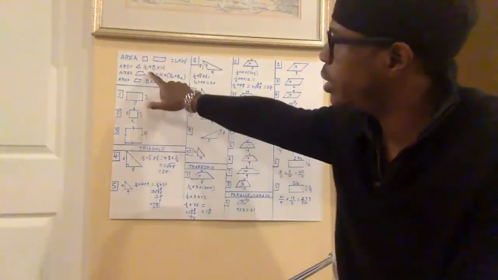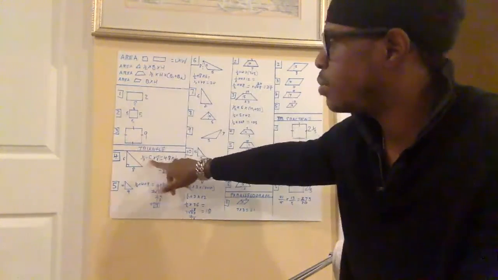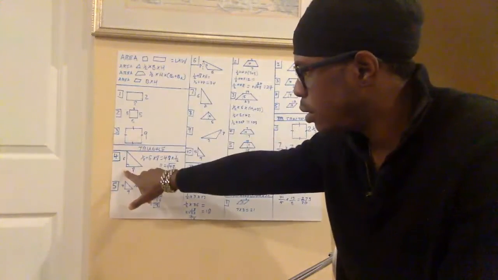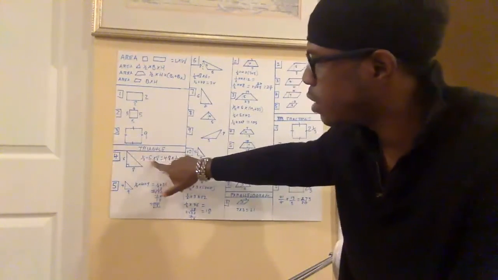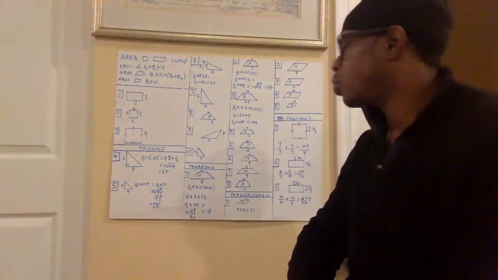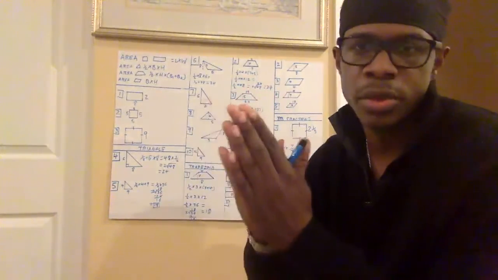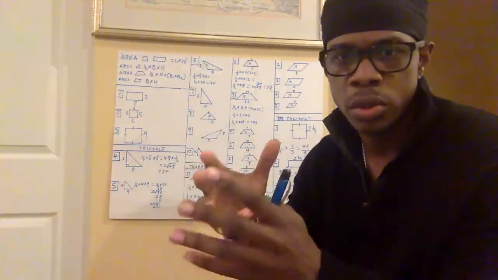So we know the formula is a half times base times height, or a half times height times base. It doesn't really matter. So it's going to be a half times base, which is 8, times height, which is 6, or half times 6 times 8. There are a couple ways we can run this. With order of operations, whenever you're multiplying, it doesn't matter what order you go in.